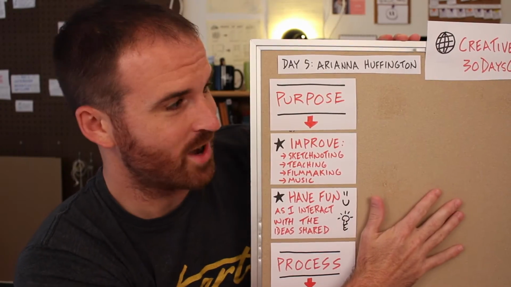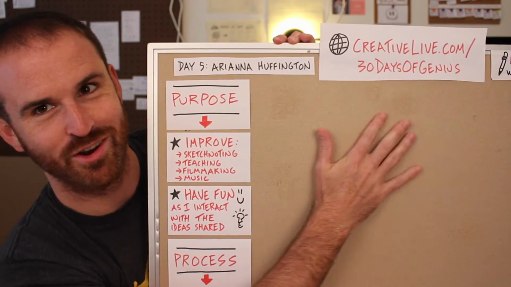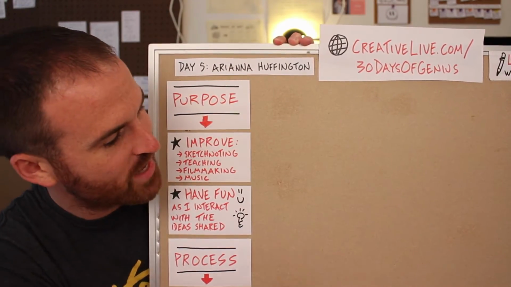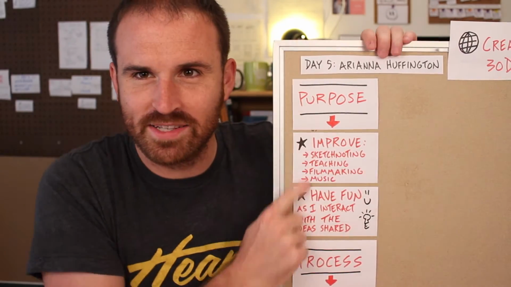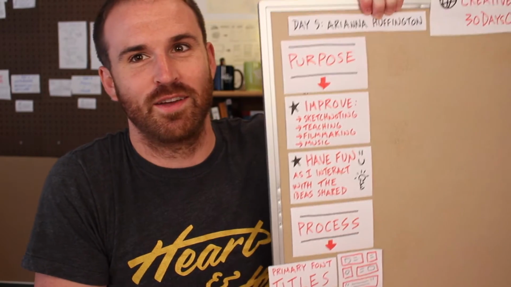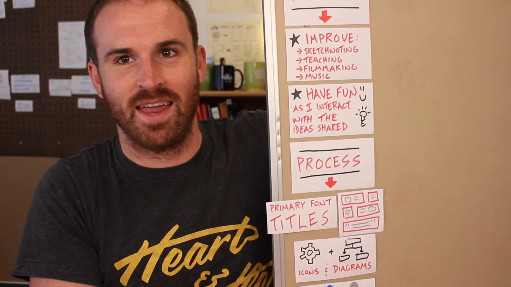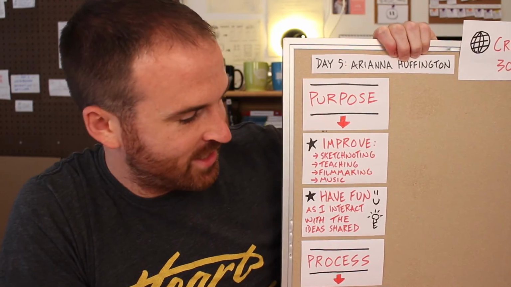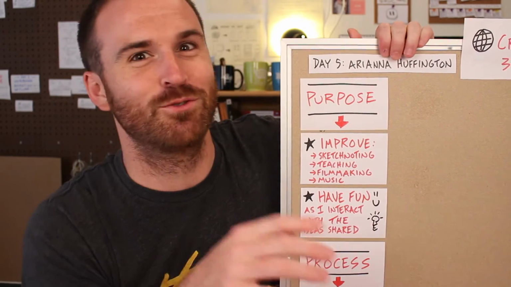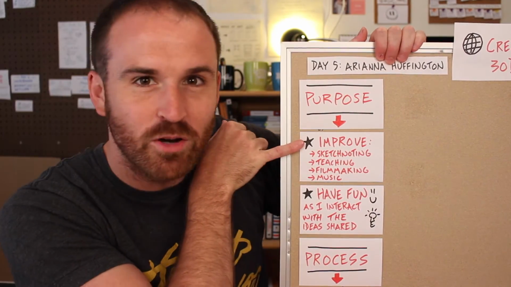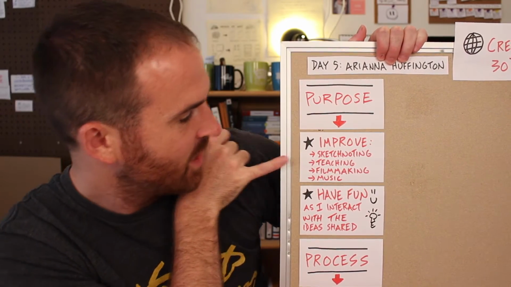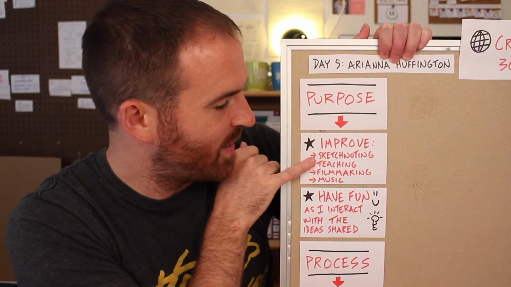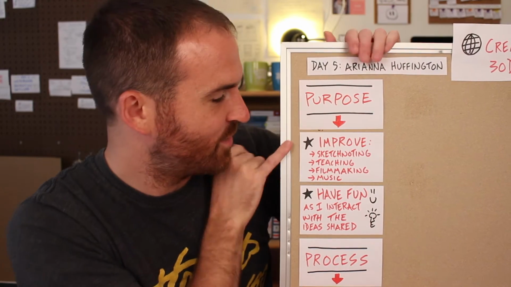So this here is where I was doing that sketchnoting. I threw up a piece of poster paper here. But before I got started sketchnoting, I defined for myself these things here. First, my purpose, and then my process. In the case of live streaming those sketchnotes, part of my purpose was to simply improve my sketchnoting skills, improve my teaching based on what I was learning from these interviews.